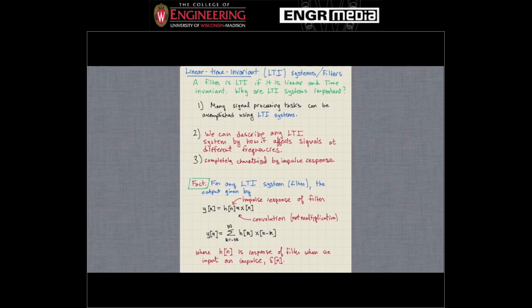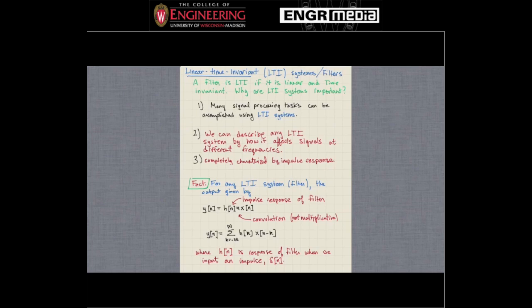The second thing is we can describe any LTI system by how it affects signals at different frequencies. We'll see this in more detail, but what that means is if we can describe how it affects sinusoids of different frequencies, if I give you some function that says the sinusoid at this frequency is affected in this way, that completely characterizes the LTI system.